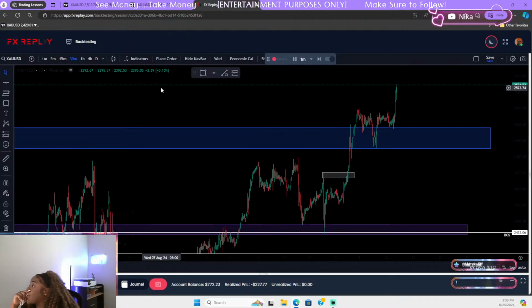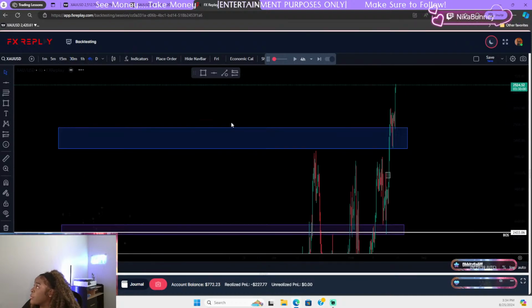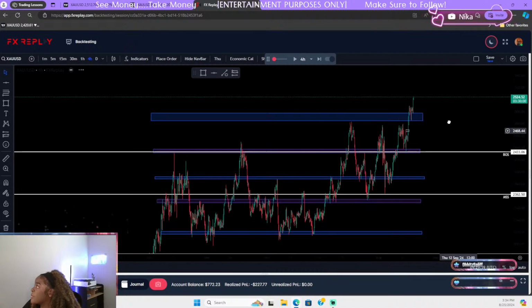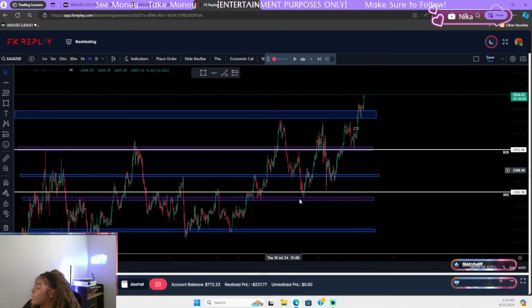And my account balance, this is backtesting, so this is not my real money. My account balance is $772.23 down here. And this is my chart I already drew up. So it's similar. I draw my charts all the same.